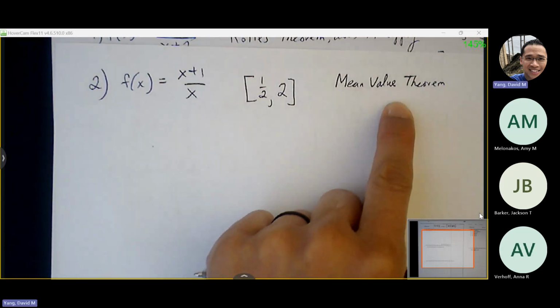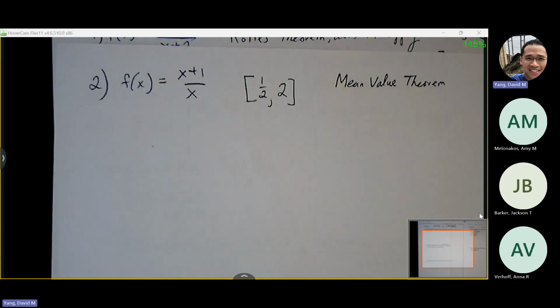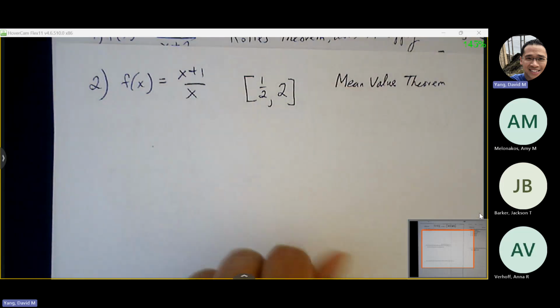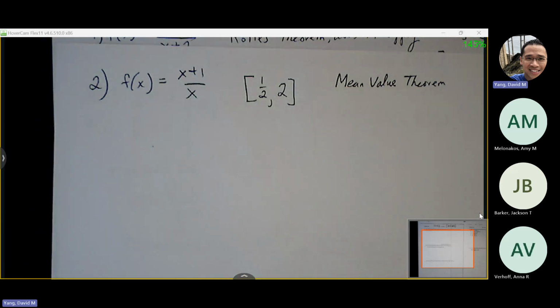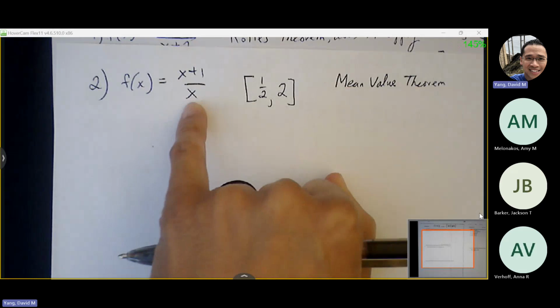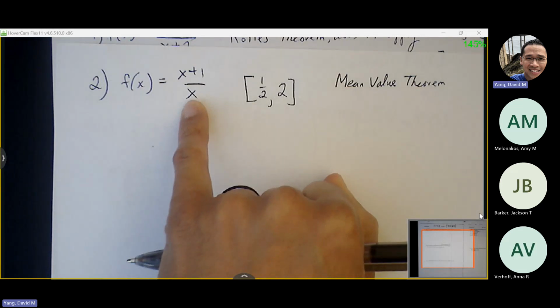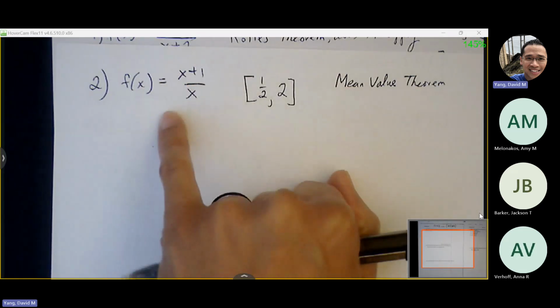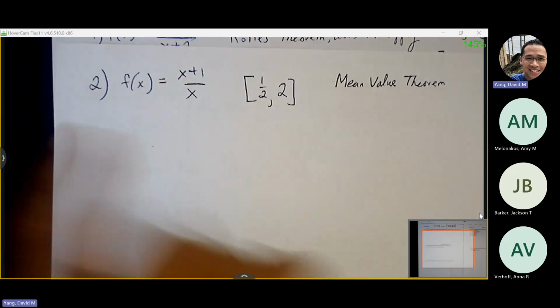Again, we have two conditions for the mean value theorem. The two conditions are continuity and differentiability. We have to just make sure it passes the first condition. The second condition will go along with it. So we do have an issue, right? The way we look for continuity issues is we look in the denominator. There is a vertical asymptote. Where's the vertical asymptote?